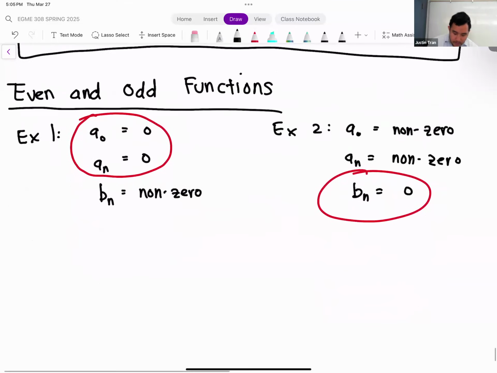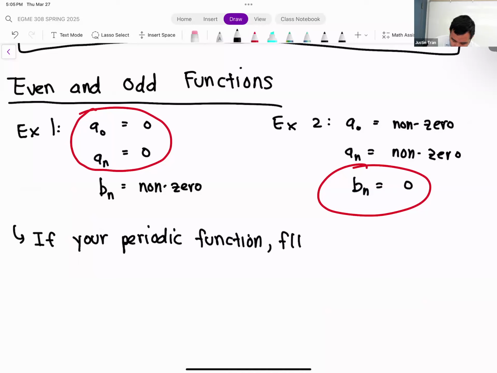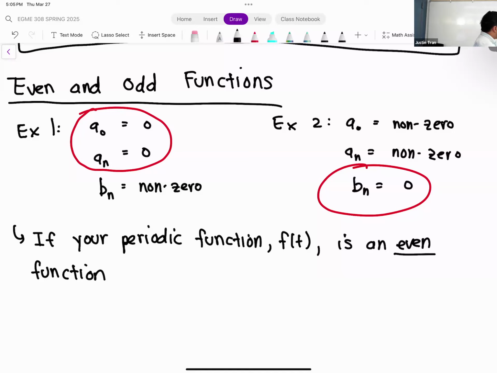Okay, so the theory goes like this. If your periodic function f of t is an even function, then in those cases, a0 and an will be non-zero, but bn is guaranteed to be zero.